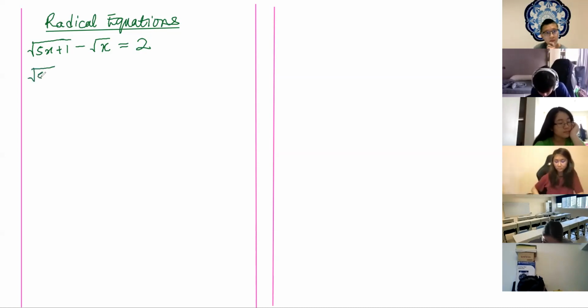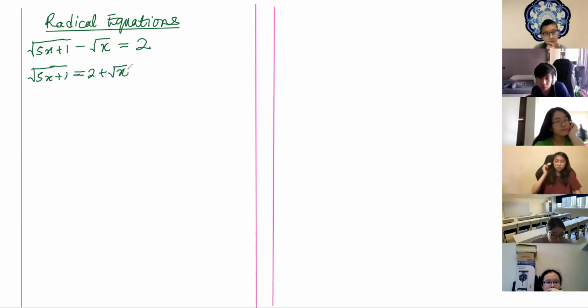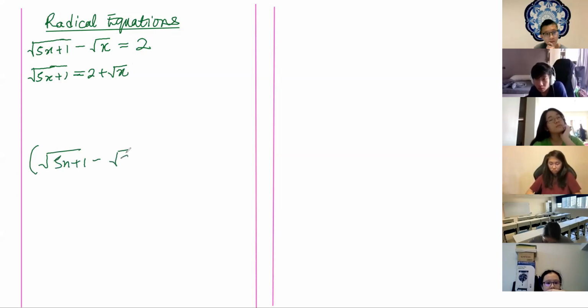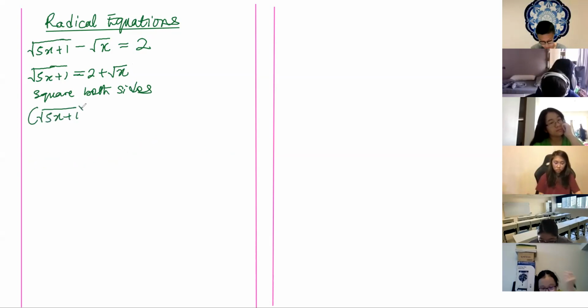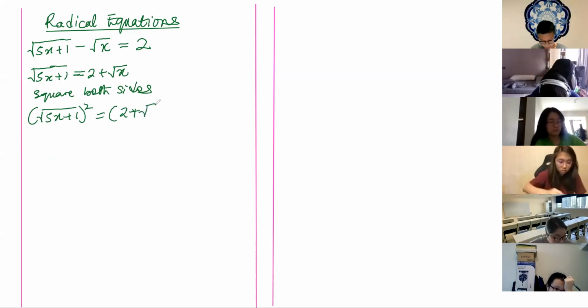So you have that one. It's easier if you square both sides here. Imagine if you are squaring both sides with root 5x plus 1 minus root x all squared. That means you have another, you understand what I mean? You're still going to get the result, but it's just less complicated if you can do this first. So if you square both sides, this is root 5x plus 1 all squared, equals 2 plus root x all squared.